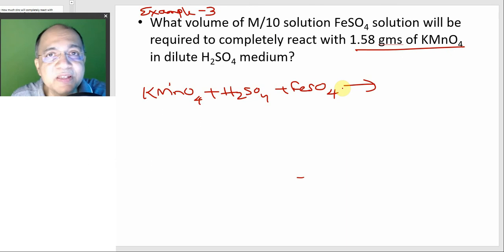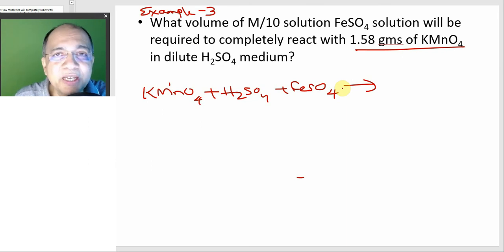Often students face difficulties in stoichiometry calculations because they can't predict the products. So that needs your knowledge of the language of chemistry.